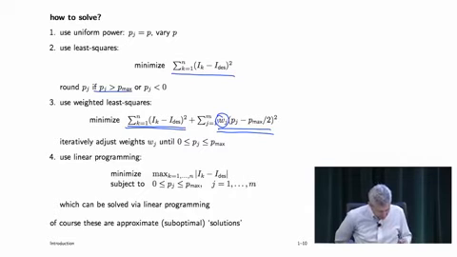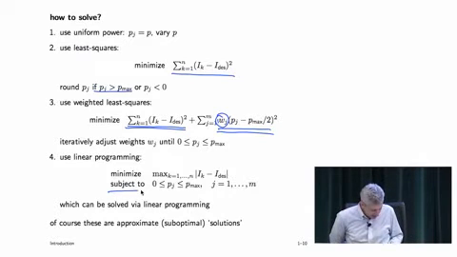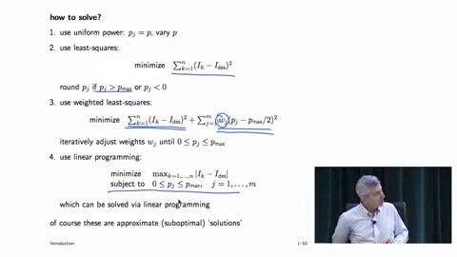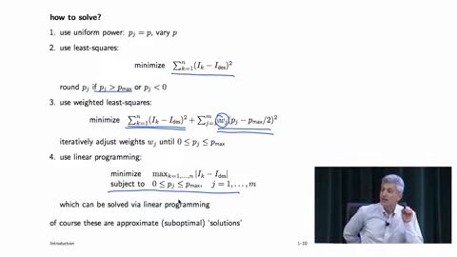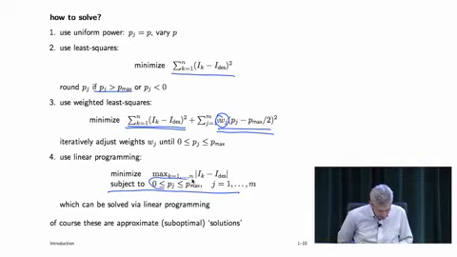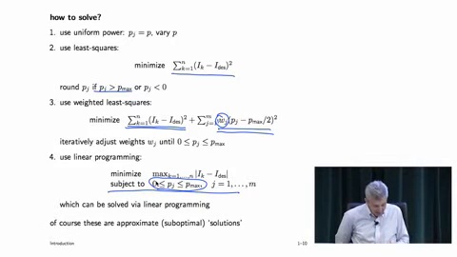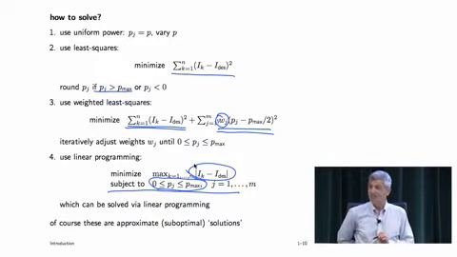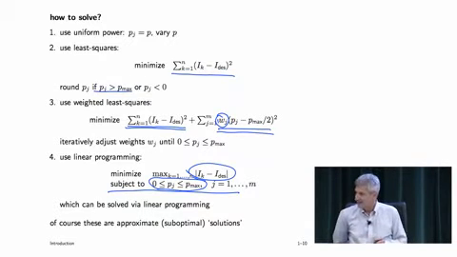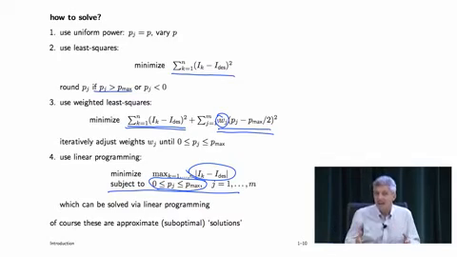Or you might say, well, no, I know about linear programming, and I can actually solve this problem. And now you're getting real close to the real problem, right? Because look at this. You can handle these inequalities in linear programming, and you can handle the max of an absolute value. The difference is this is the minimax error, but what you want is not the minimax error, but the minimax fractional error.